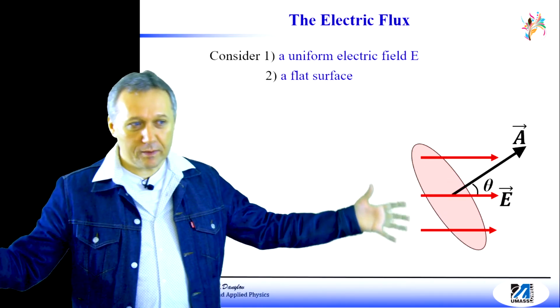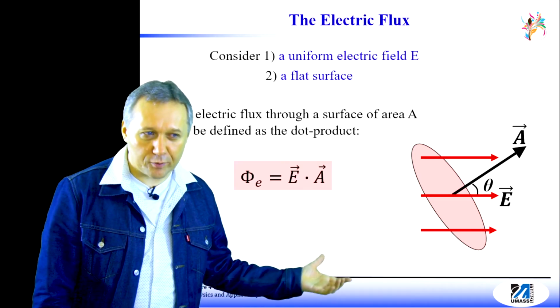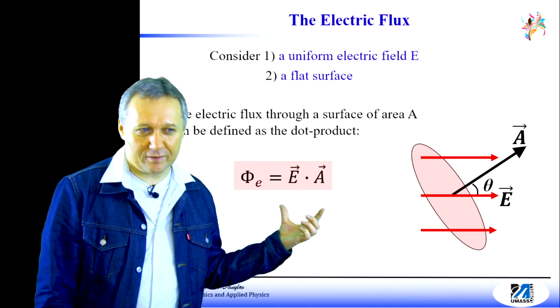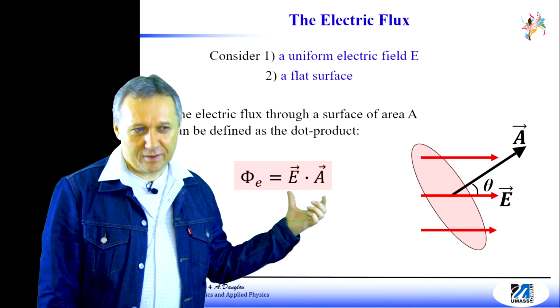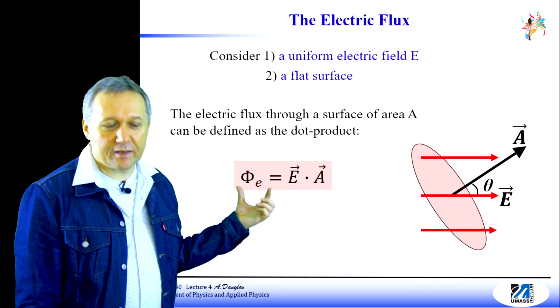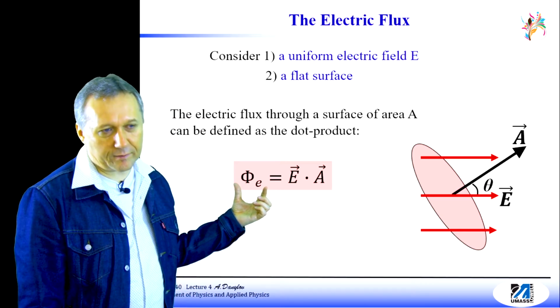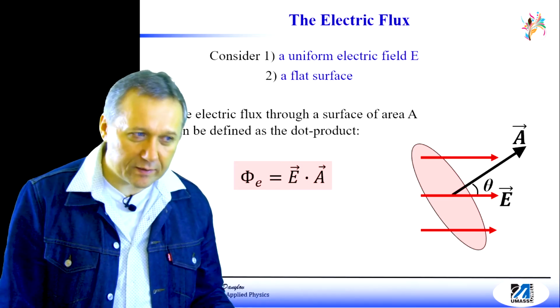And so now, electric flux is just a dot product or scalar product of the electric field and the area vector. And the symbol which we use for the electric flux is capital phi, Greek letter phi, with subscript e, because it's an electric flux.